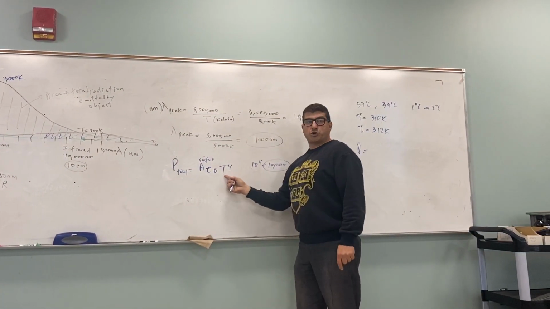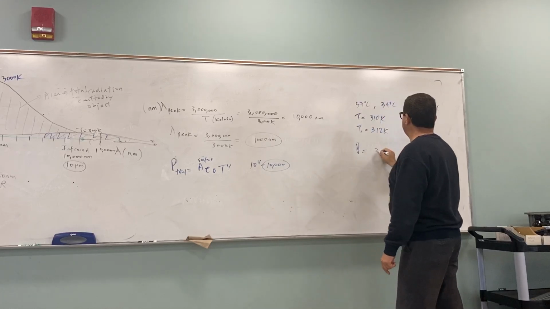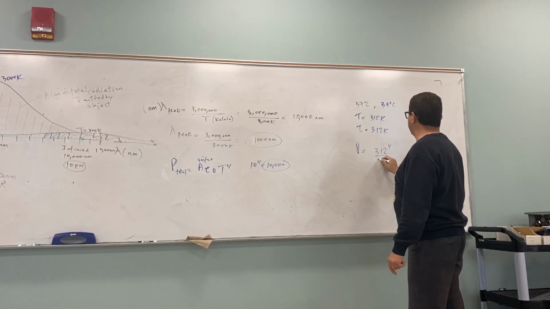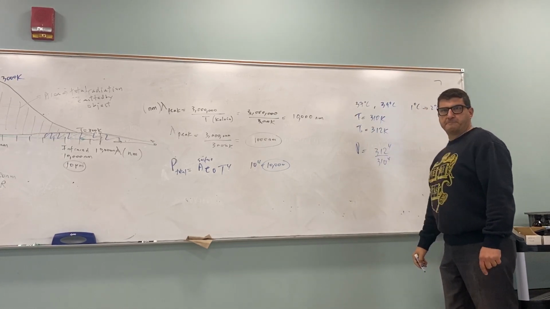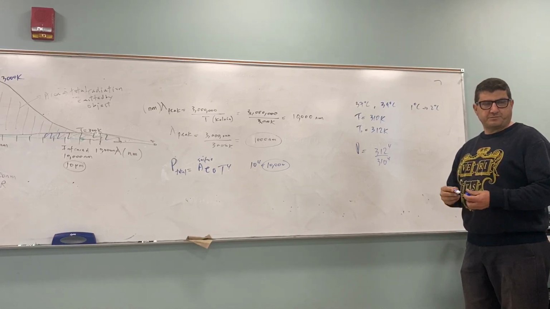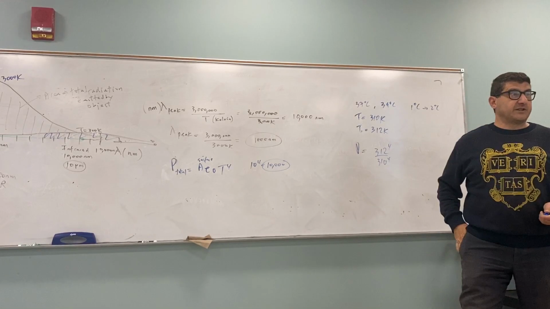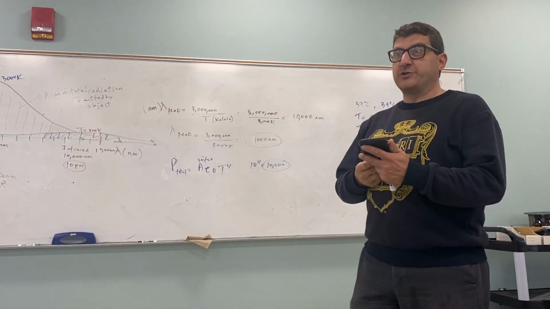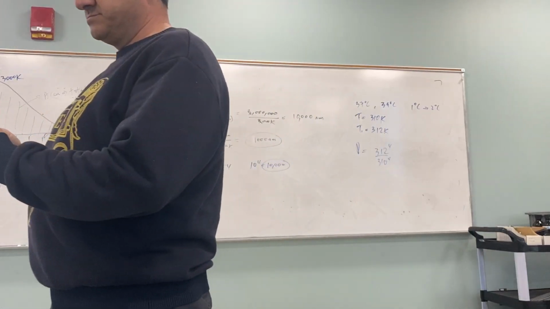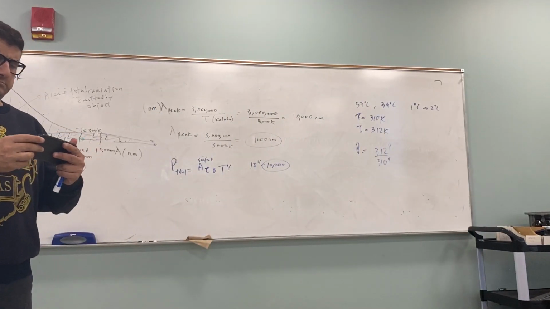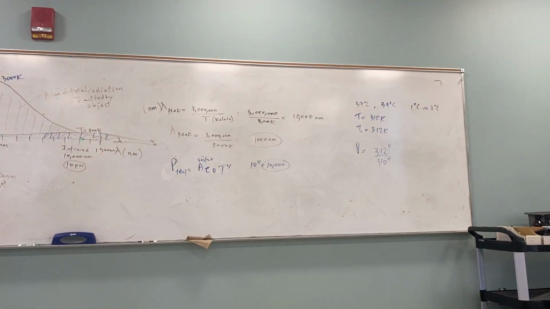You can just take the ratio of the two temperatures: 312 to the power 4 over 310 to the power 4. So if you're running a fever of 2 Celsius, you radiate that much more heat. You first take the ratio of the temperatures in Kelvin and then raise it to the power 4.